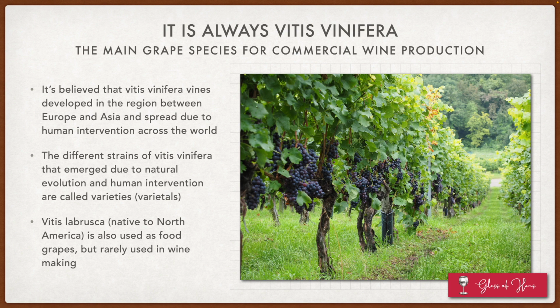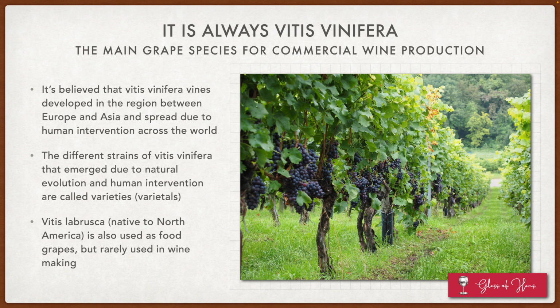Now, what is the main grape species for commercial wine production? The answer is always going to be Vitis vinifera. It's believed that these Vitis vinifera vines were developed in the region between Europe and Asia. Some people say it came from China. Some people say they started from Georgia. I think the research is still being done in that area.